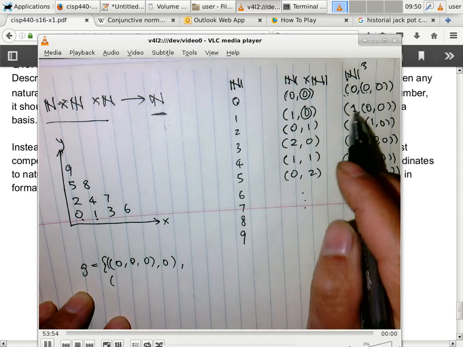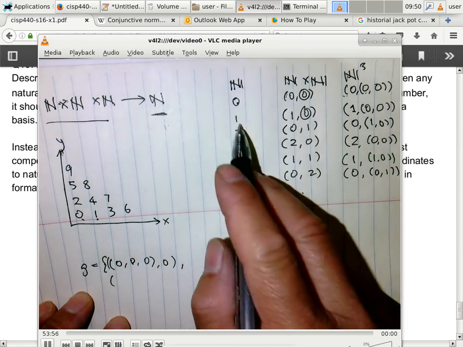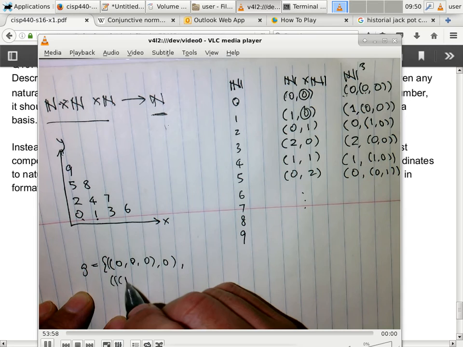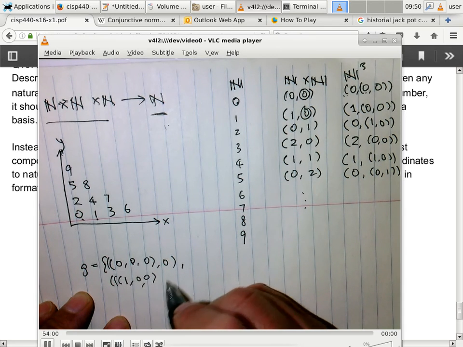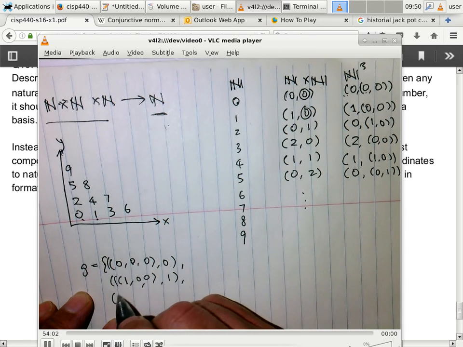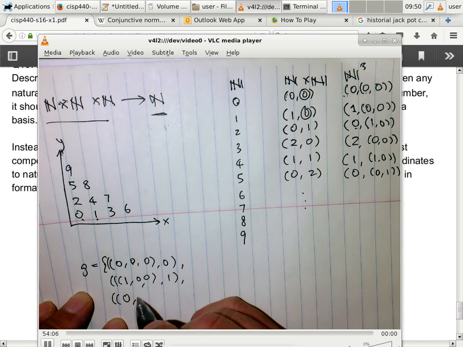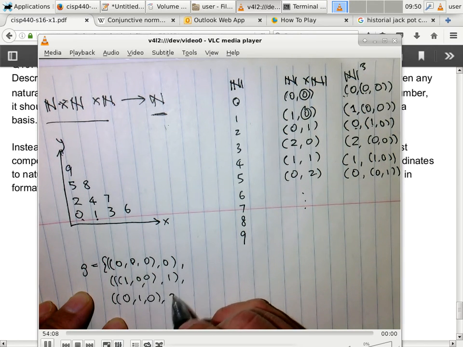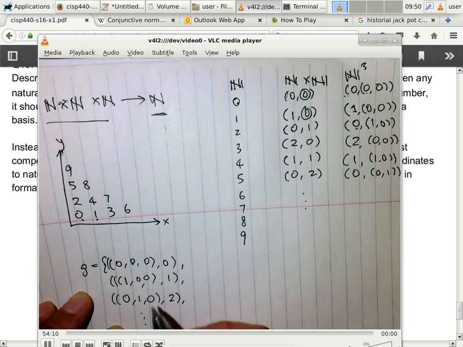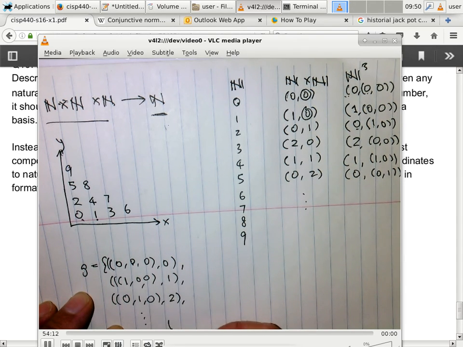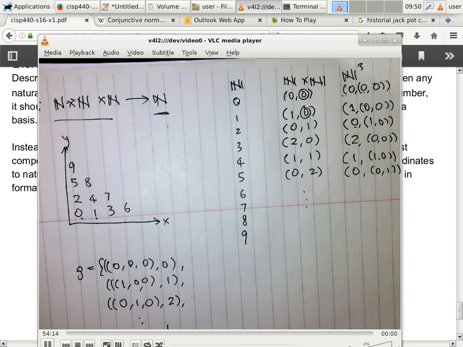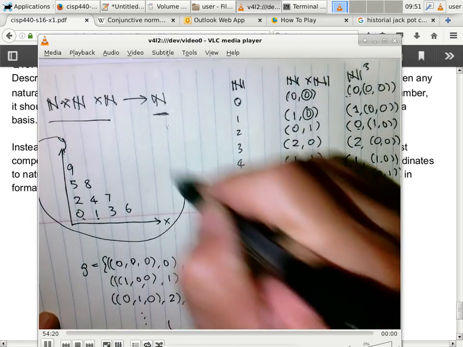And then the next one is 1, 0, 0, mapping to 1. And then the next one is 0, 1, 0, mapping to 2, and so on. It's basically just looking up this thing twice.